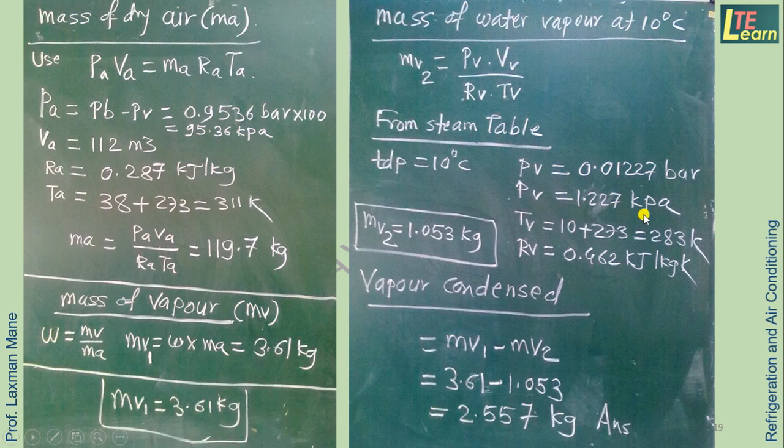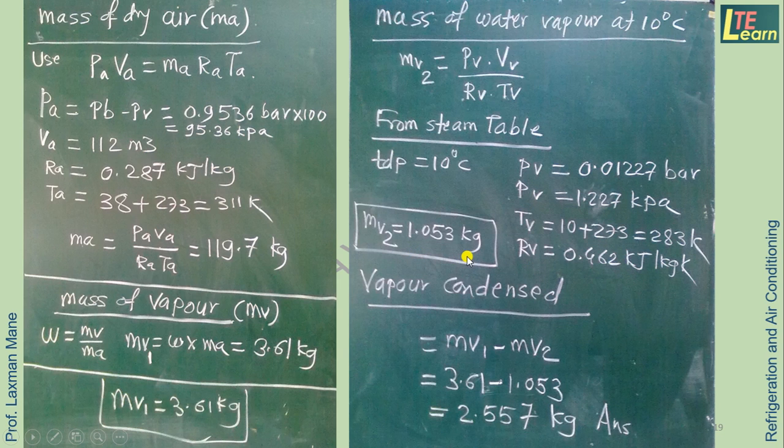Convert that into kilopascal. How? Multiply this bar value by 100. We find it in kilopascal. Temperature TV in Kelvin. Value of RV means the specific gas constant for vapor. Use this value. So putting all these values in this expression, we find the mass of water vapor for 10 degrees Celsius temperature.